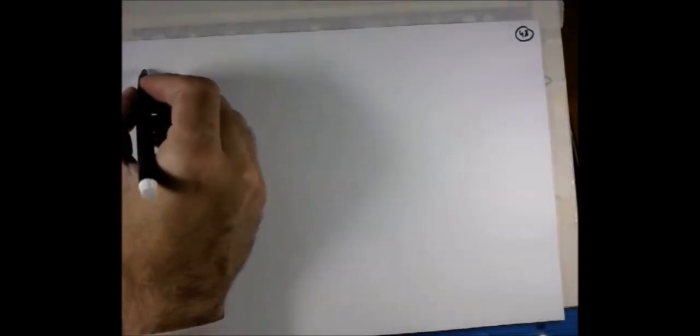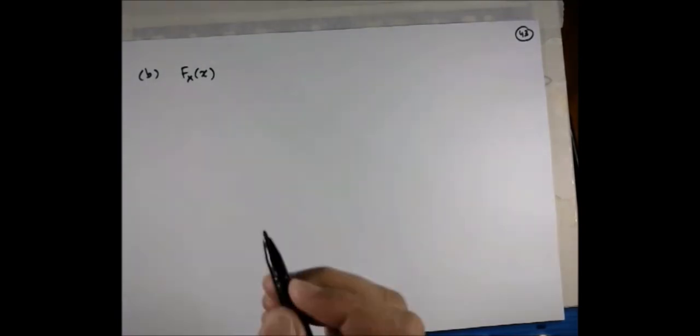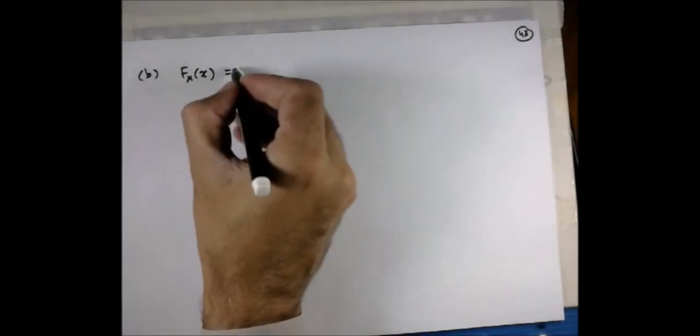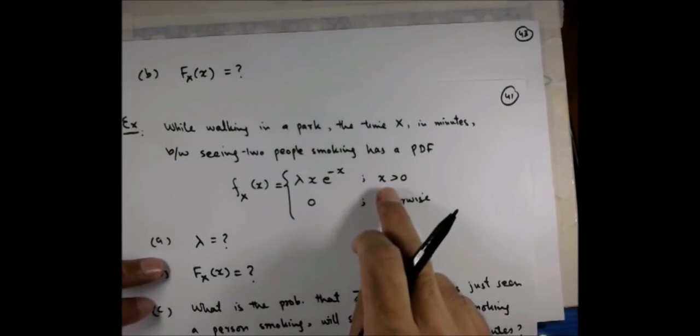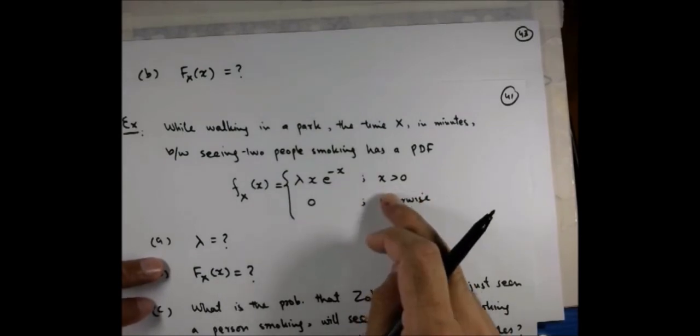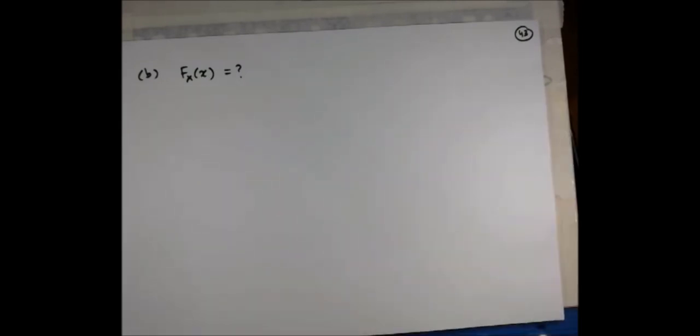In part B, you are asked to calculate the CDF of x. So the CDF of x is to be calculated now. You know the CDF will be 0 if x is less than 0, and it will be some expression if x is greater than 0.